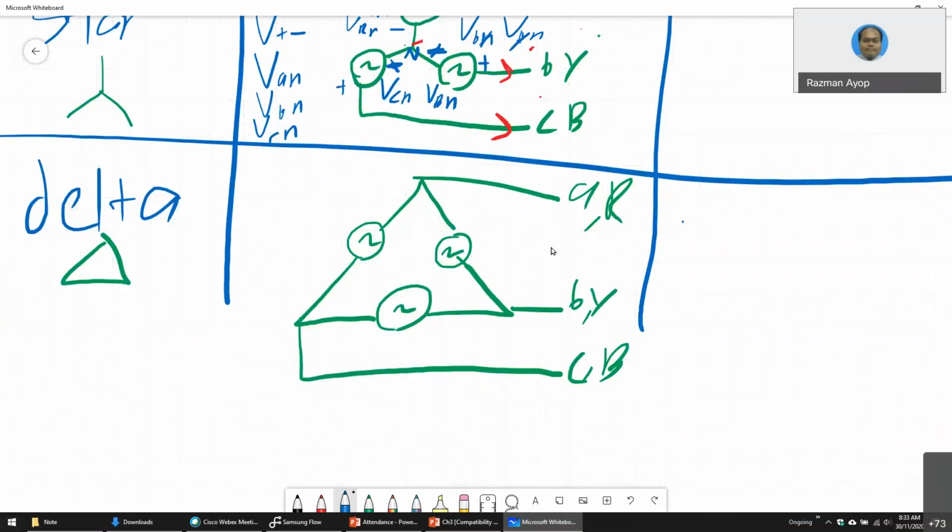Focus on voltage first. For this case, you have to use VRY, VYB, VBR.